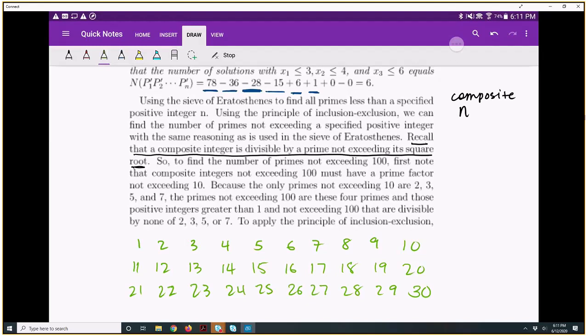So I would start with the smallest prime integer, which is 2, and I would just start crossing off all of its multiples.